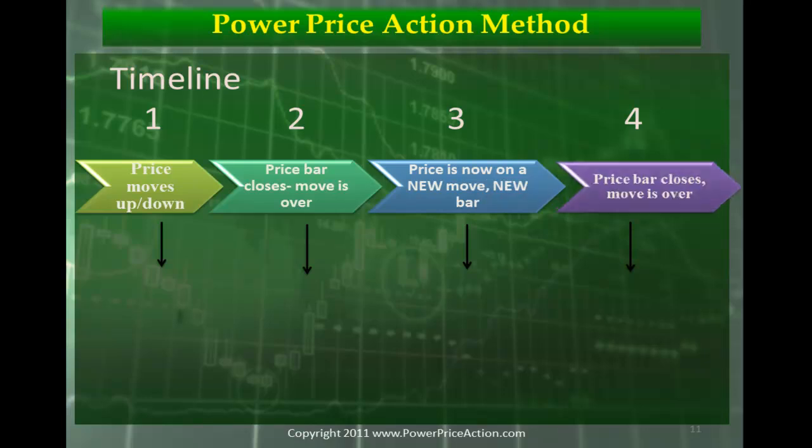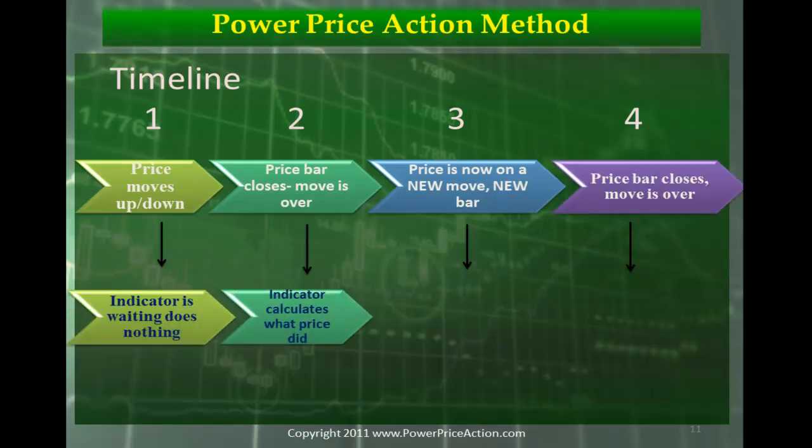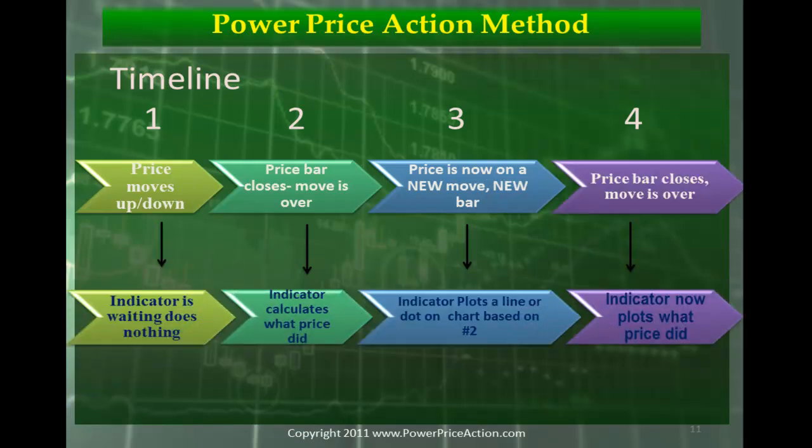I have a timeline here which indicates each step of how price and how indicators interact. Okay? So in number one here, price moves up or down. So price makes a move. The indicator that you're following really does nothing while the move is occurring. It's waiting.